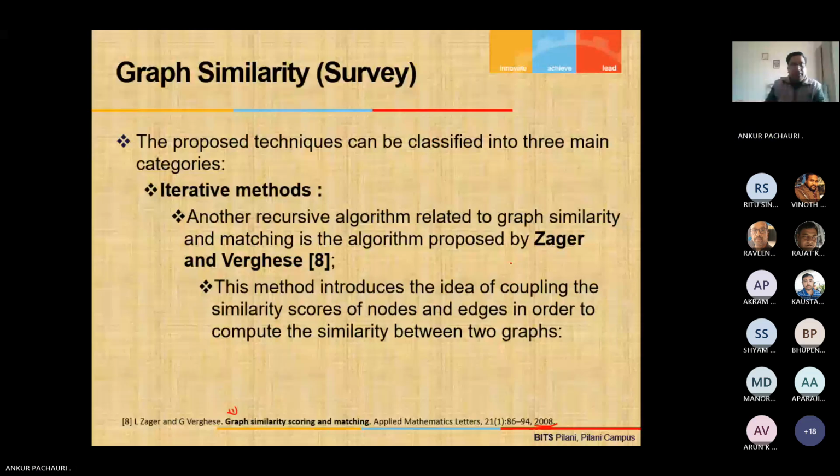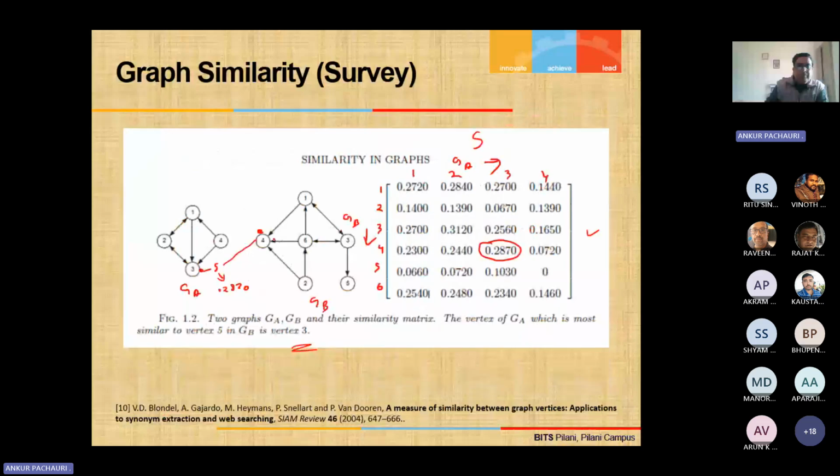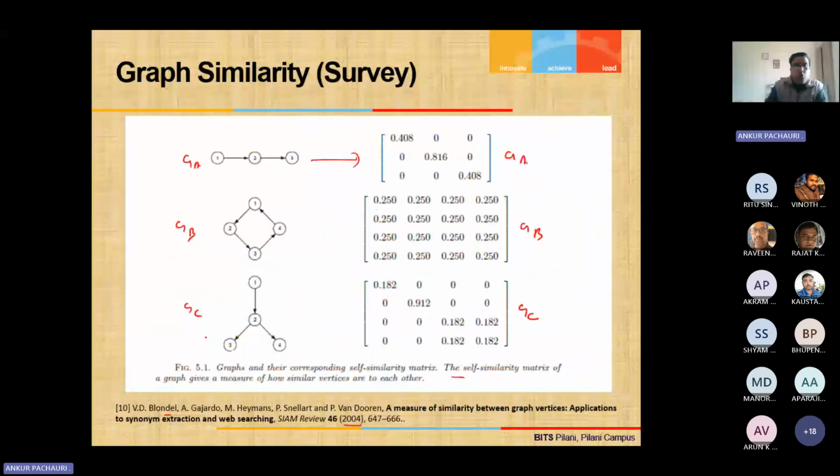So what did they come up with? Because this method of Blondel was still giving me the similarity of nodes across the two graphs and nodes across the same graph, primarily focusing on the similarity of the nodes based on their connectivity.